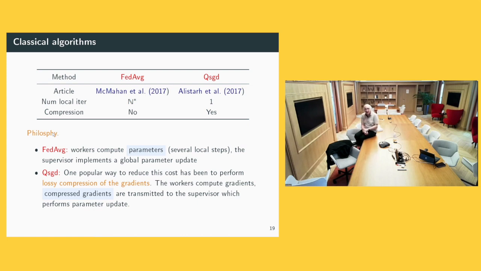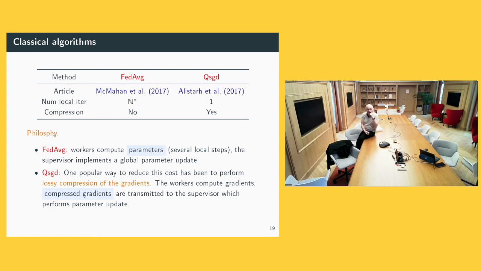The two techniques: federated averaging, where workers compute and exchange parameters, and you control the amount of communication in that each user, at each round, can do several local steps, so several evaluations of the gradient. And QSGD looks a bit like parallel SGD, if you wish. The difference with parallel SGD is that at each iteration, the workers compute only a single new gradient.